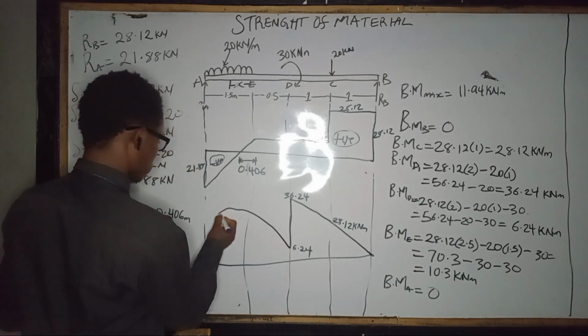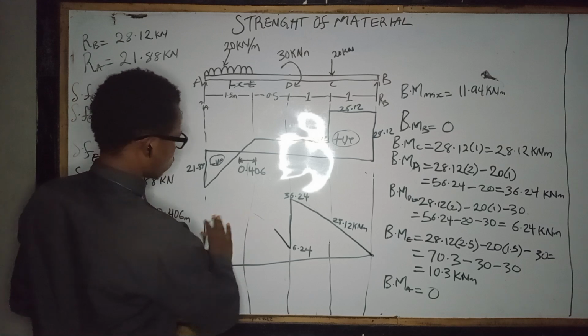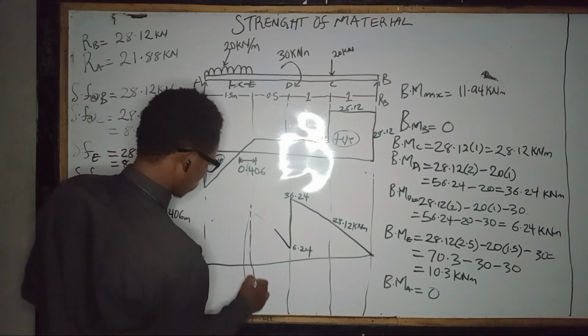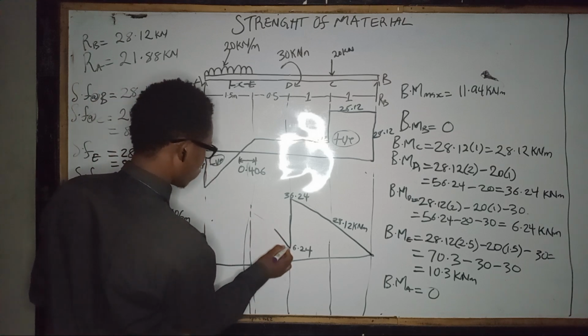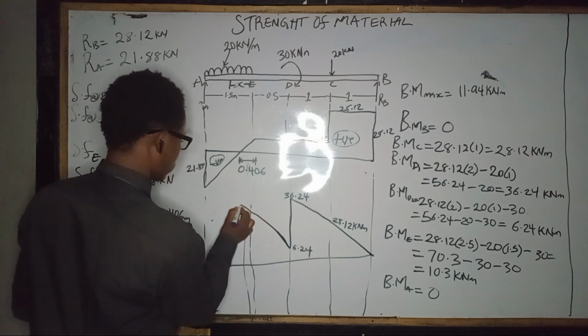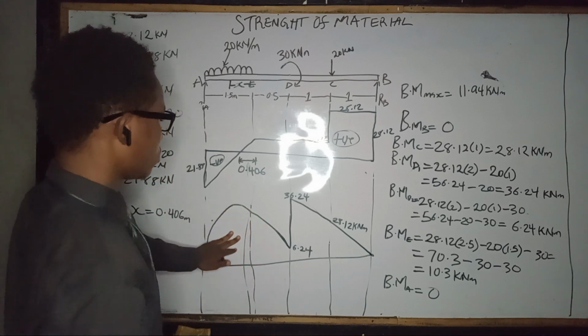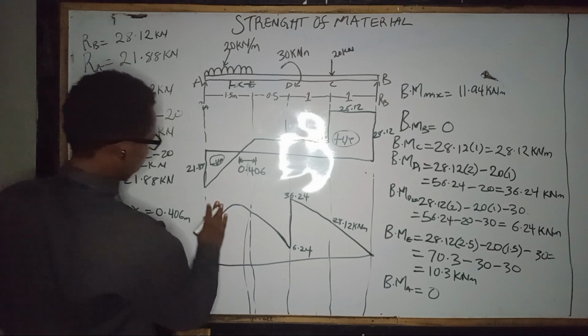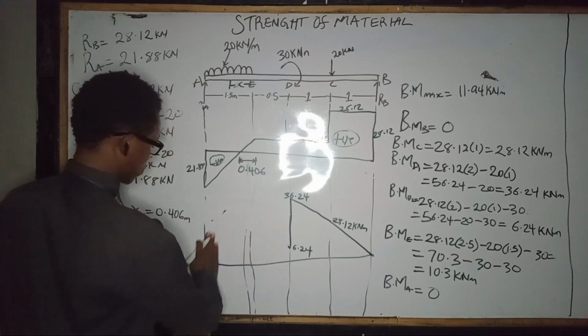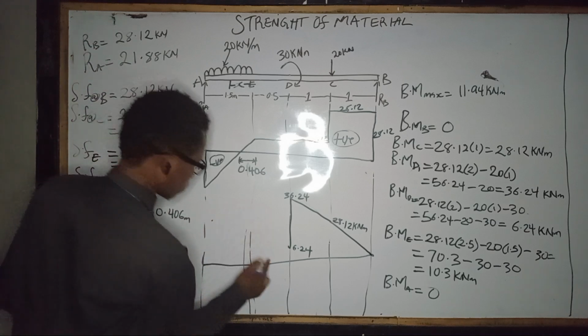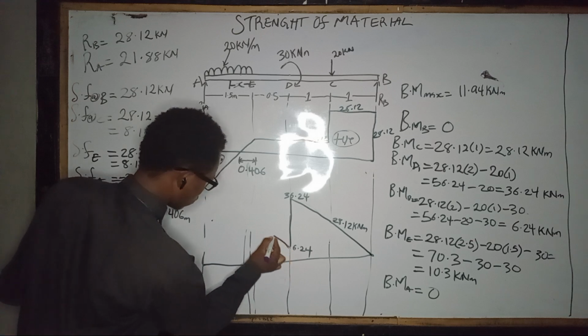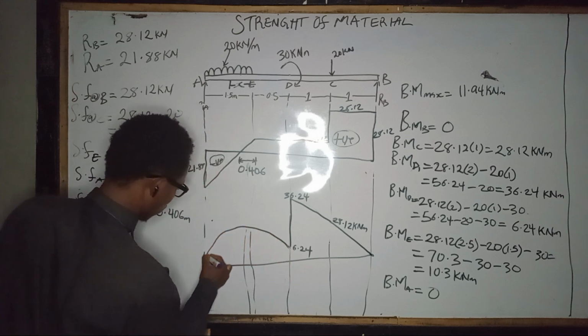So we are going to have a parabolic curve, like a 2-degree line somewhere here, not too high like this. From here, we are going to have a curve.